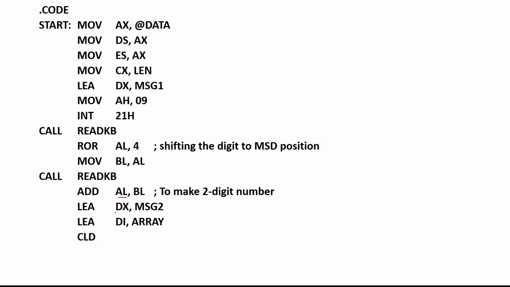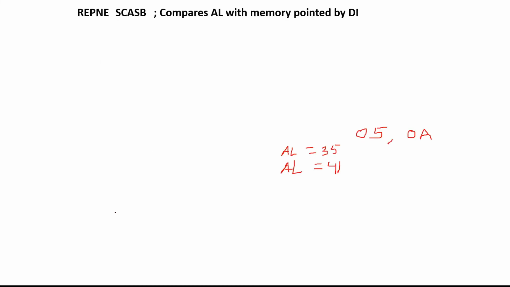Then I will start my comparison. To start the comparison, I am going to use the string instruction. For auto increment, I have used CLD, clear the direction flag. Then I have written repeat if not equal, SCASB. You all know what SCASB does.